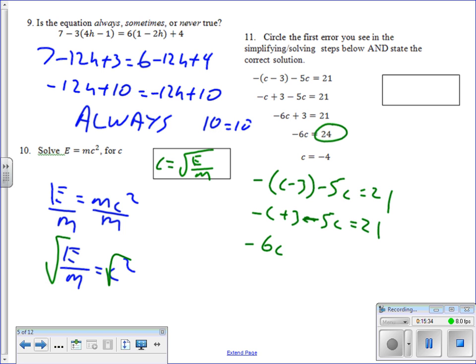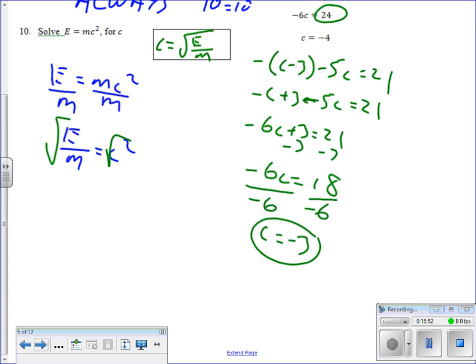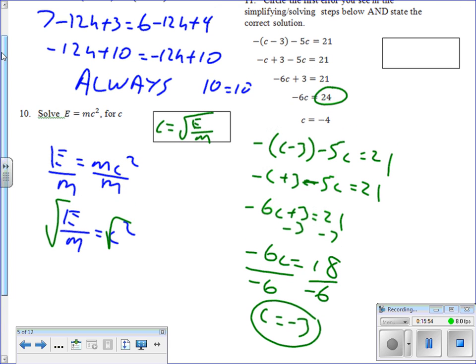Negative 6c plus 3 equals 21. Subtract 3. Negative 6c equals 18. Divide by negative 6. C equals negative 3.